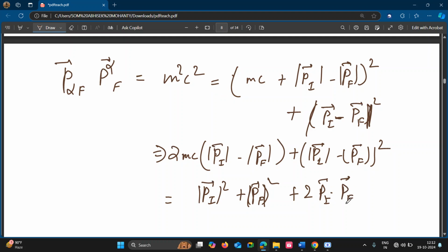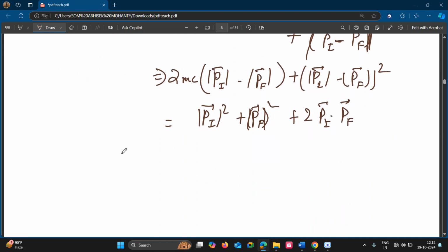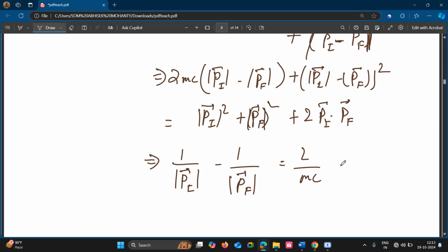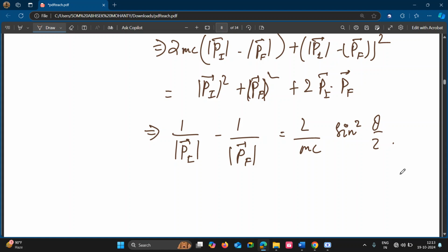So that implies 1 by pf minus 1 by pi is equal to 2 by mc sine square theta by 2, where theta is the angle between P and PF. All right.